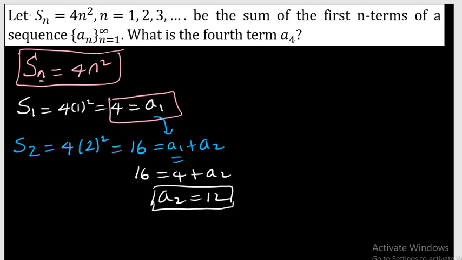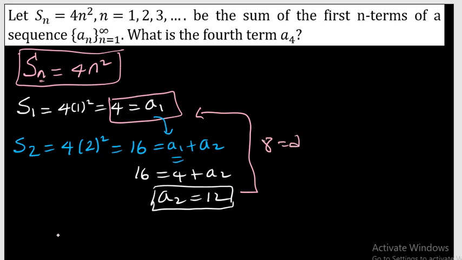What about s3? Just to be sure whether it's arithmetic or geometric, let us see the pattern. Here the difference between a2 and a1 is 8. That is the common difference.